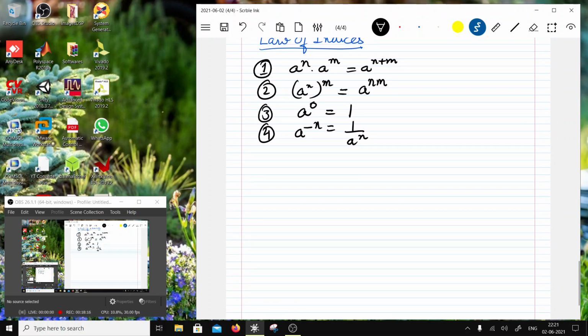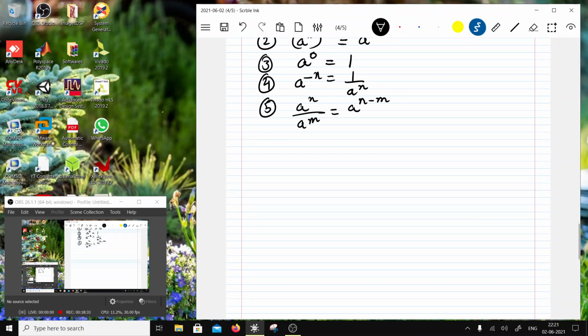And the final part, if I have a raised to n divided by a raised to m, this can be written as a raised to n minus m, right? So this is the law of indices, and it is going to be used in a number of places. Anyways, we will come to that.